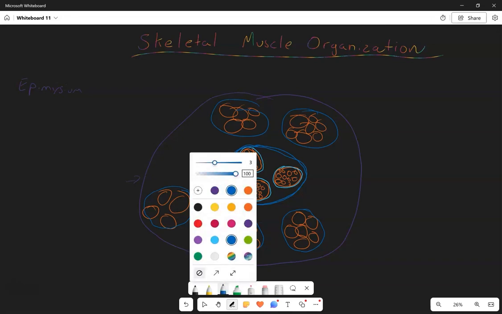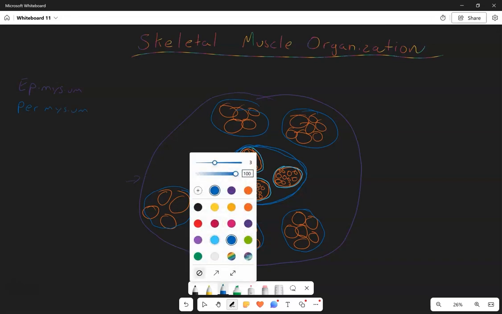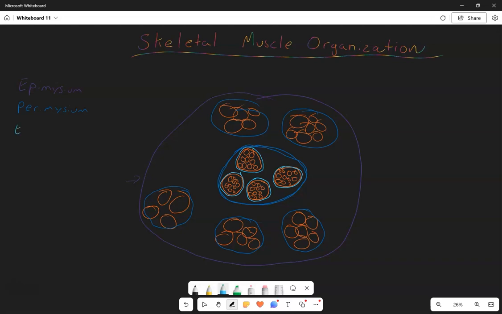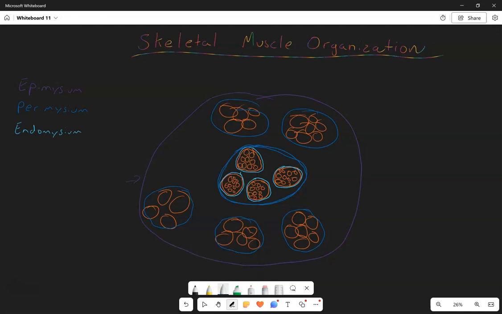In the dark blue, we have the perimysium, the middle layer. And in light blue, we have the endomysium, the deepest layer of connective tissue.